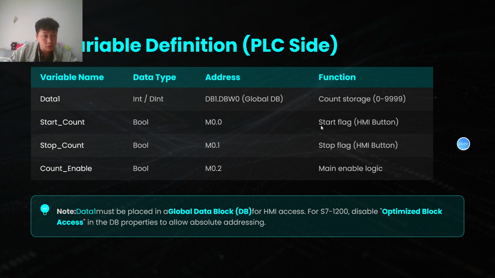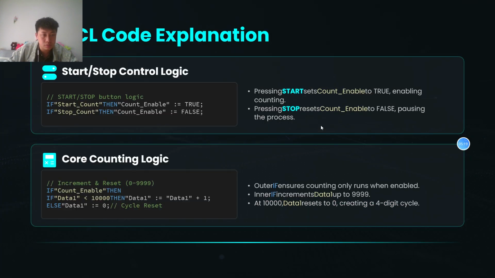Okay, so the variable definition, PLC side, you can see the data type, address, and the function. The SCL code explanation. The start-stop control logic: pressing start sets counting enable to true, enabling counting, and pressing stop resets count enable to false, pausing the process.